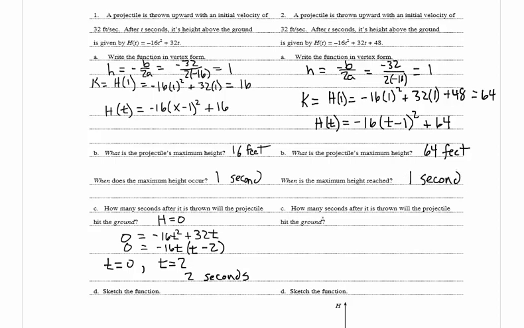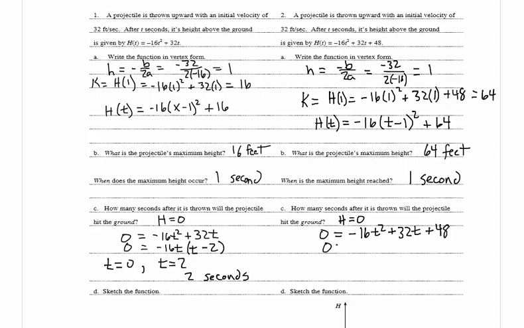And in C, it says, how many seconds after it is thrown will the projectile hit the ground? And the projectile will hit the ground when h is equal to 0. So we're going to have 0 is equal to negative 16t squared plus 32t plus 48.